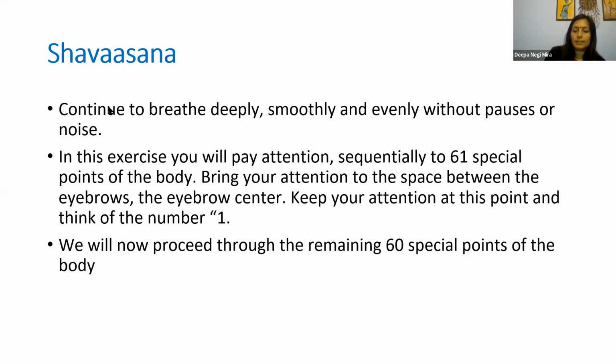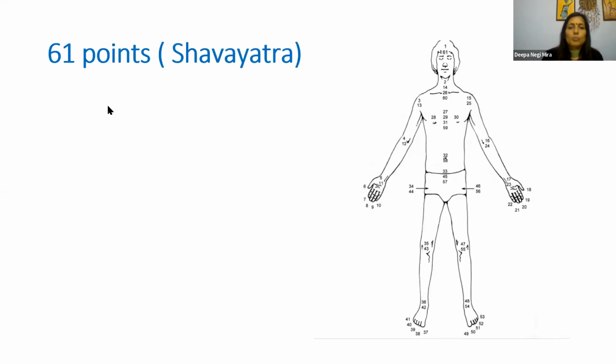So 60 other places, and I'm going through this one picture and you will understand it then. So you will see this picture like this. The 1 and 61 are the same, the forehead region.